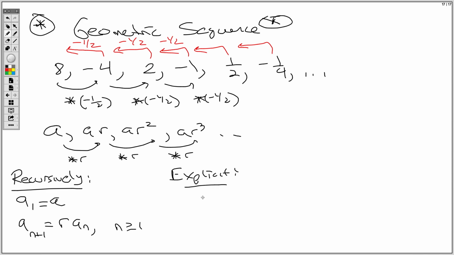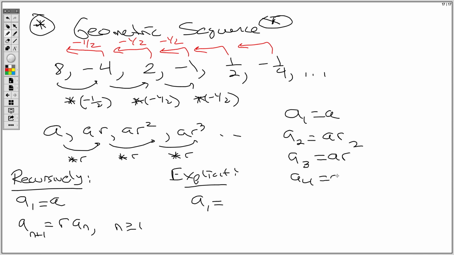The explicit formula for a geometric sequence: well, let's look. a1 is a, a2 is a times r, a3 would be ar squared, a4 is ar cubed. Notice the number here is 1 more than the exponent.